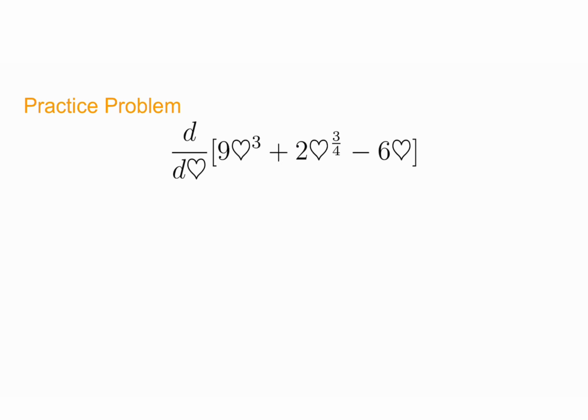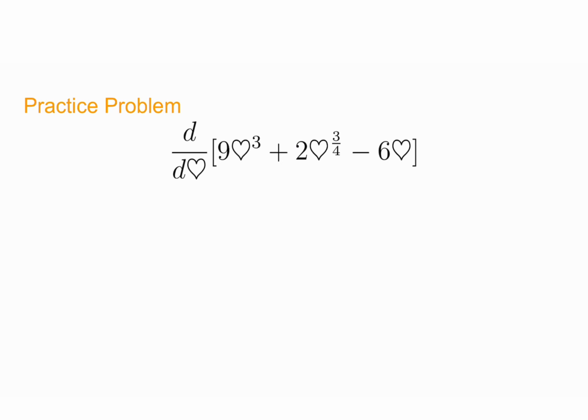So the point of this problem is to get you more comfortable with differentiating in terms of anything, because as we go on through the rest of the calculus course, we're going to be differentiating in terms of different things, not just x or y, but also time. And if you go on to calculus 2 or 3, you might see z or any other number of variables. So you have to be comfortable with taking derivatives of other variables.